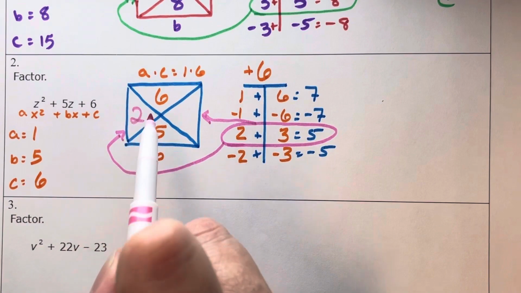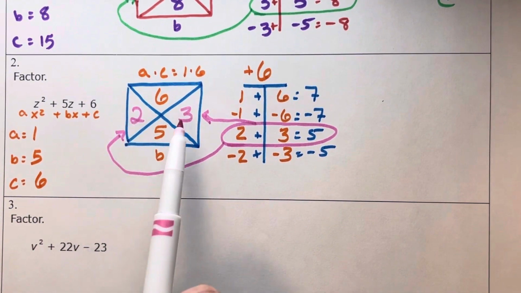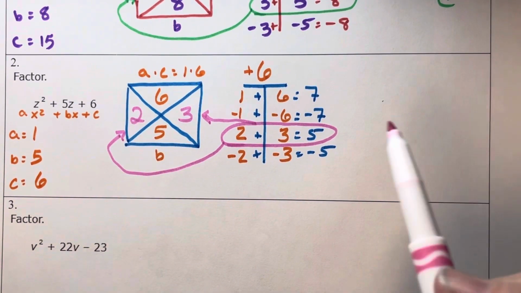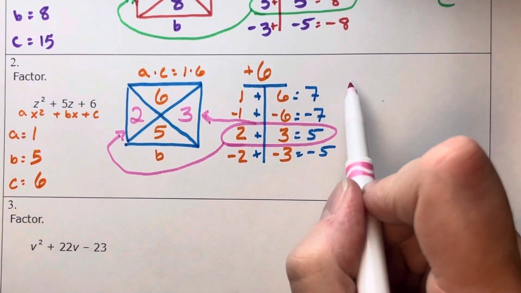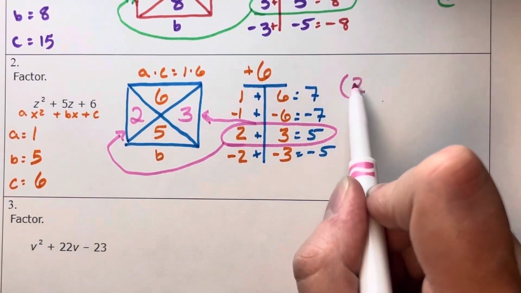So we've got a 2 and a 3 in the wings, and you might be asking, hey, could I have that 2 and that 3 switched? Sure, not a problem. Not a problem at all. So let's go find out what our answer is going to be. We have our variable of choice here in the problem of a z.